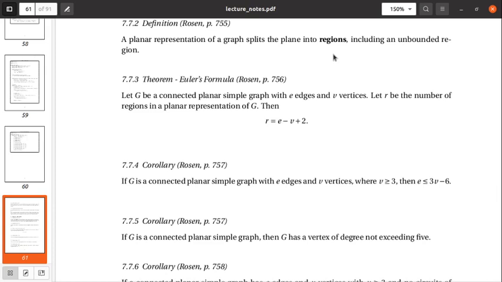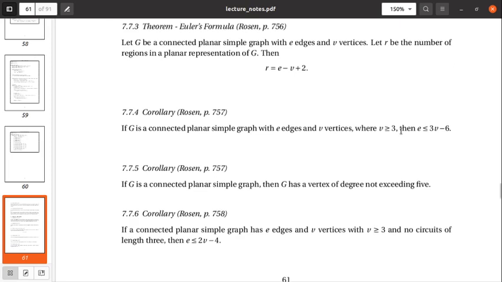Once you've connected the dots, you can color in the regions between those connections. And the unbounded region would be the sky in your drawing, everything that's outside, not in the interior. Okay.